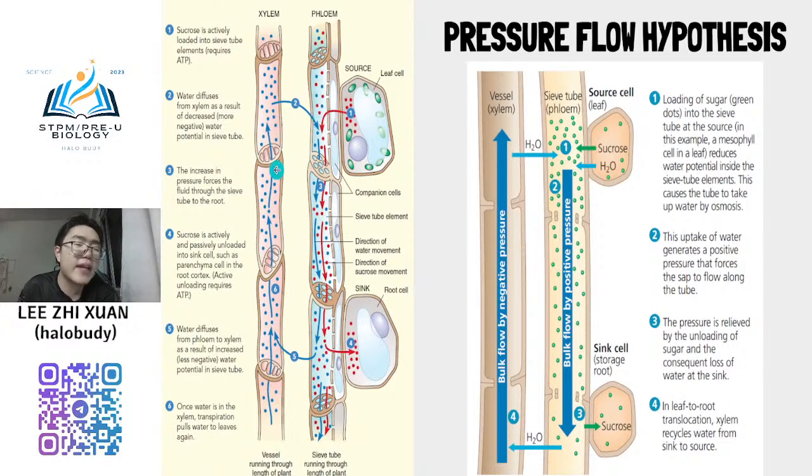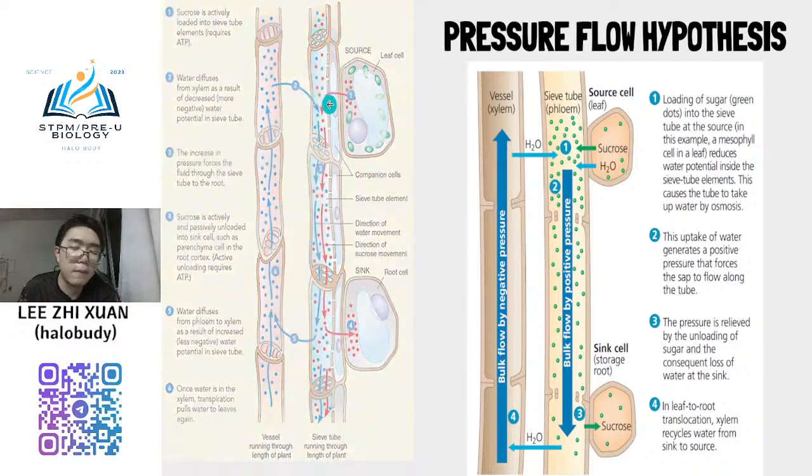From the xylem vessel. So why can water diffuse from the xylem vessel into the phloem sieve tube? Because the water potential inside the sieve tube near the source is very low now. So the water from the xylem vessel will move into the phloem sieve tube.